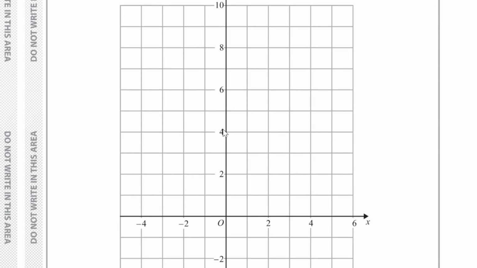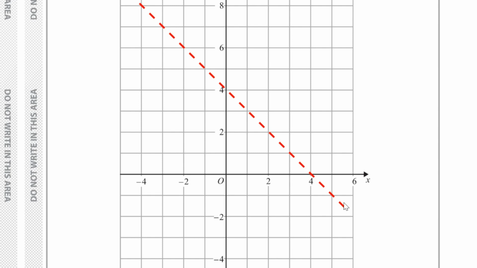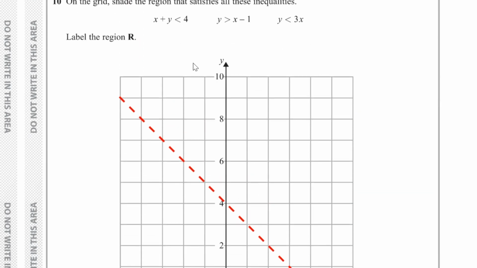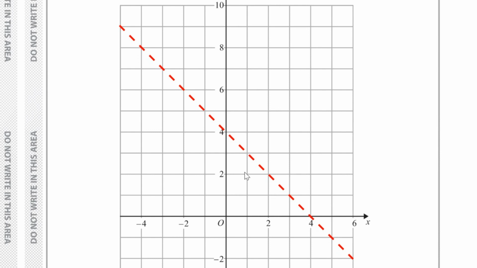If I draw that, you can see here we have something looking like this. Let's show it in a different color. So here we've got this line over here. Now we want x plus y to be less than 4, so we want everywhere underneath the line.